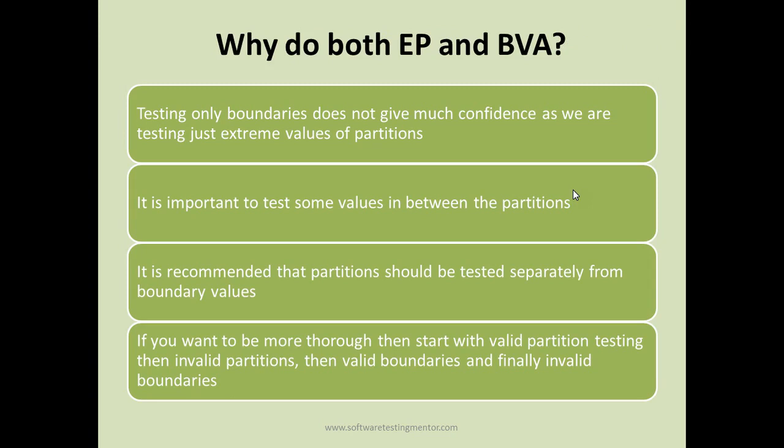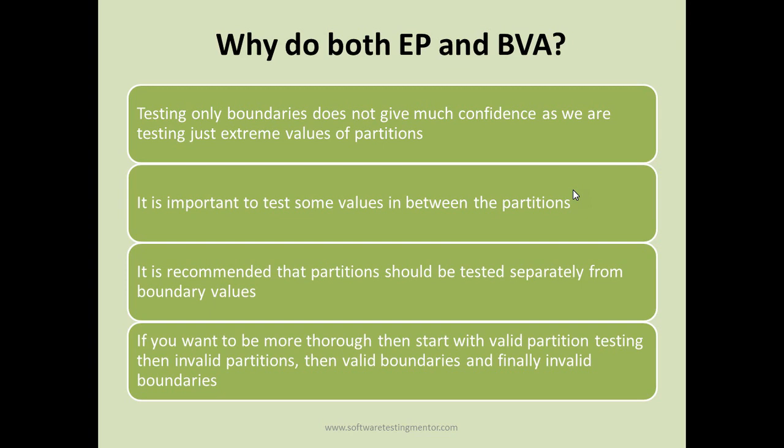So why do both equivalence partitioning and boundary value analysis? They exist together whenever you are working in enterprise application testing, or in any testing organization. You do not do just equivalence partitioning or just boundary value analysis. You do both of them together, and they are always done together.